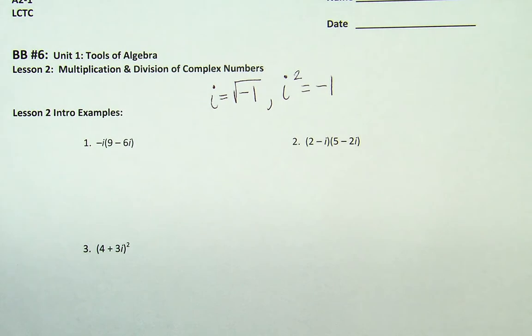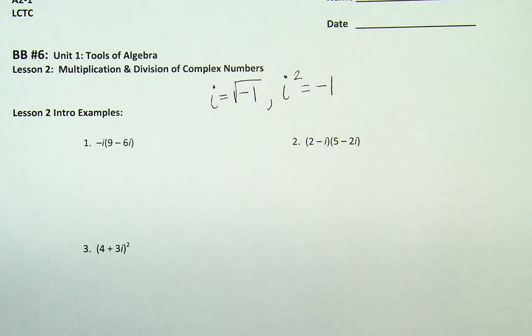So i is not a variable, it's actually a value, but we can use it and treat it like a variable when we're adding, subtracting, multiplying, and dividing. So in this first example, we have -i times the quantity 9 minus 6i. If we take these two complex numbers and multiply them, we're going to treat i as a variable, but we know that i actually has a value.